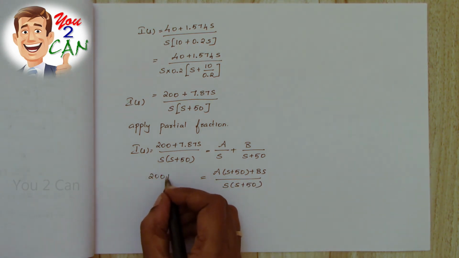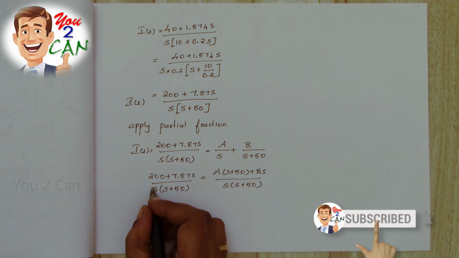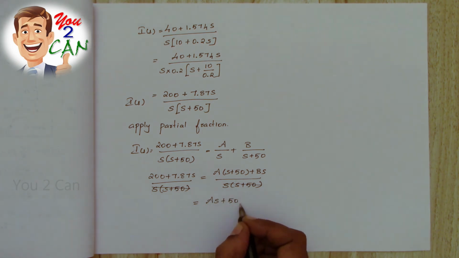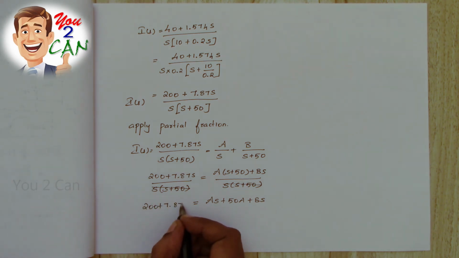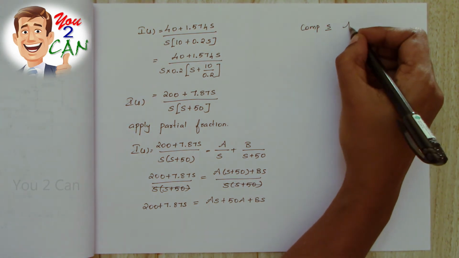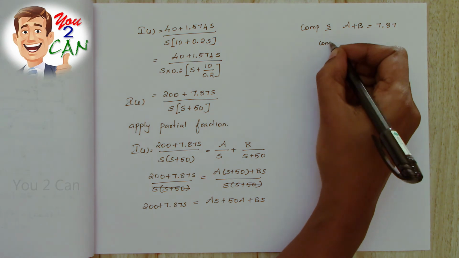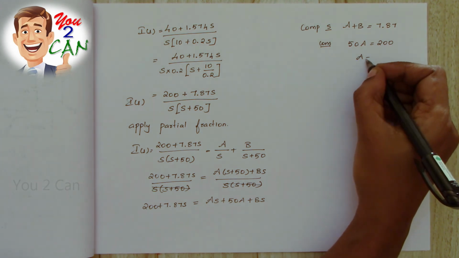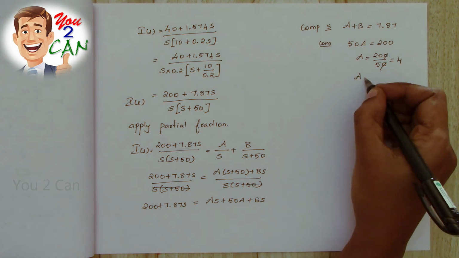The denominator gets cancelled, so 200 plus 7.87 s equals A s plus 50A plus B s. Compare the s term: A plus B equals 7.87. Compare the constant term: 50A equals 200. So A equals 200 by 50, which is 4.